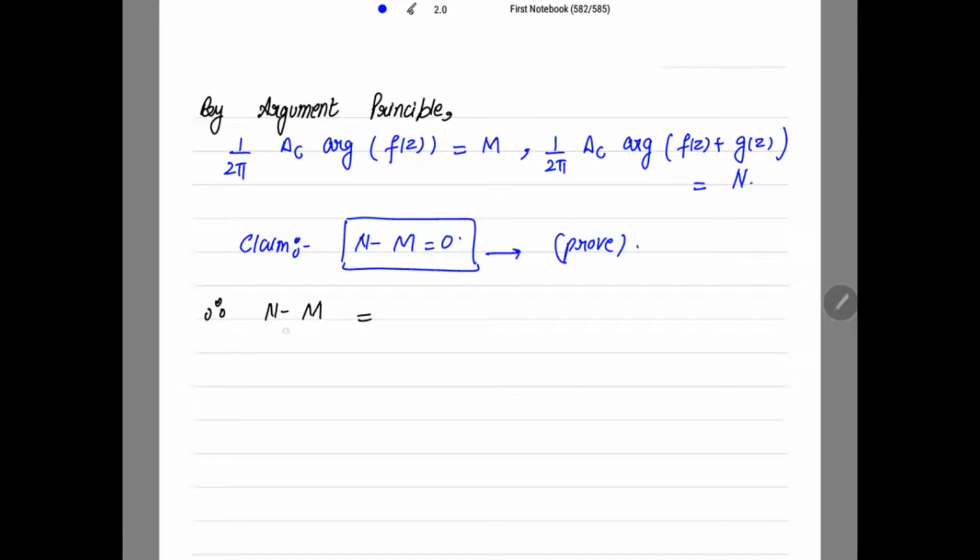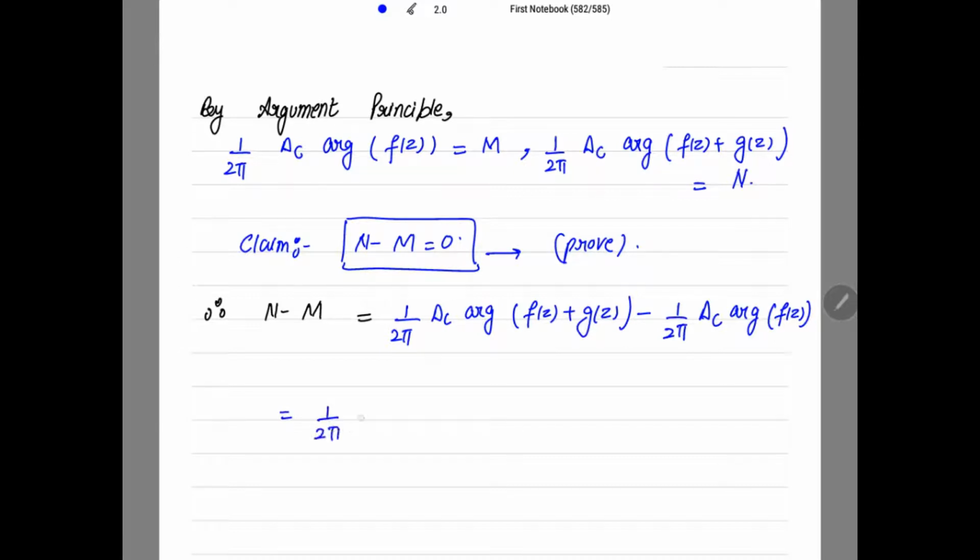So for that, I'm checking the value N minus M, put the value of N here, I get 1 over 2 pi delta C argument of f(z) plus g(z) minus, put the value of M, 1 over 2 pi delta C argument of f(z). Clear? Now taking 1 over 2 pi common, 1 over 2 pi delta C argument of f(z) plus g(z) minus delta C argument of f(z).